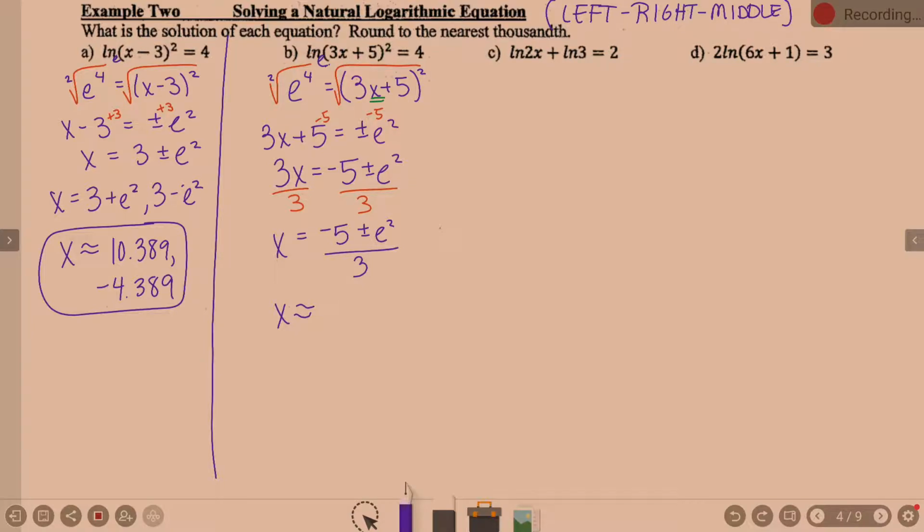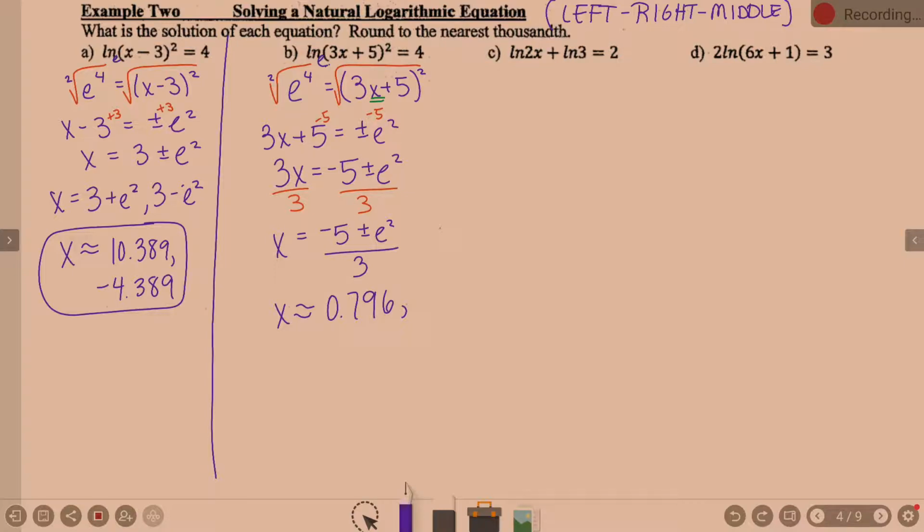Plus or the minus? Okay, so what's the positive answer you guys have? 2.389? No, definitely not. I got 0.729. I got 0.796. I didn't divide by 3. Okay. This was yesterday.